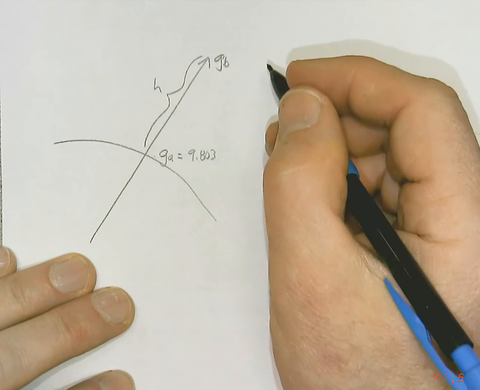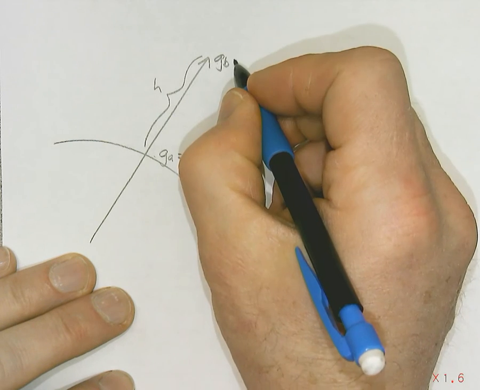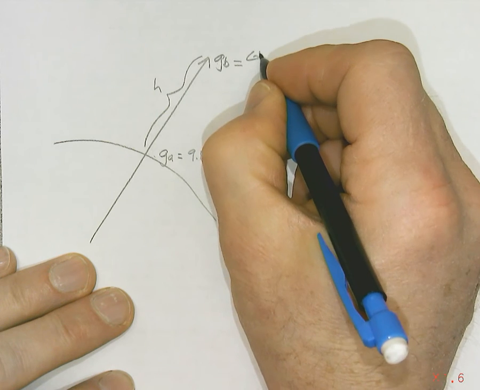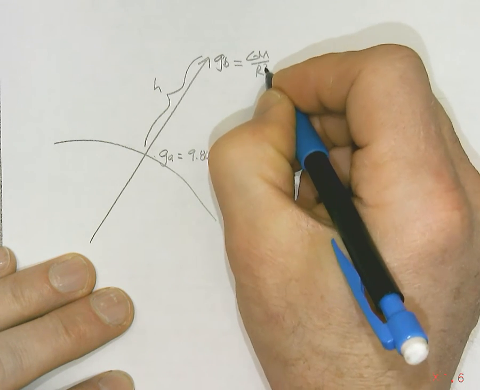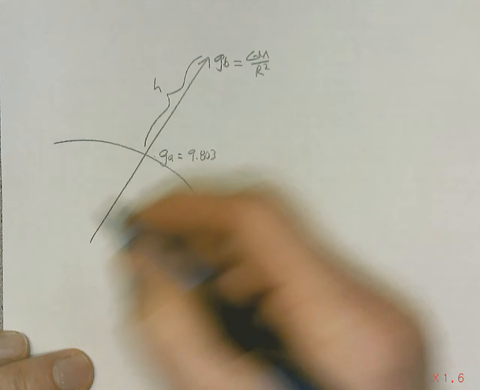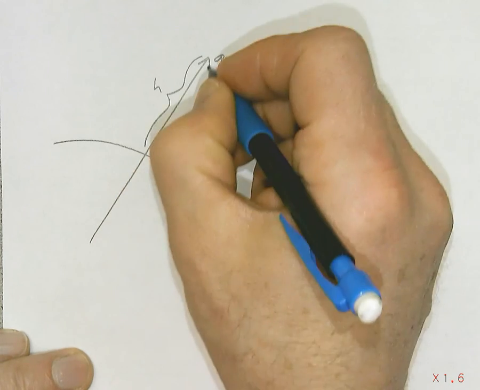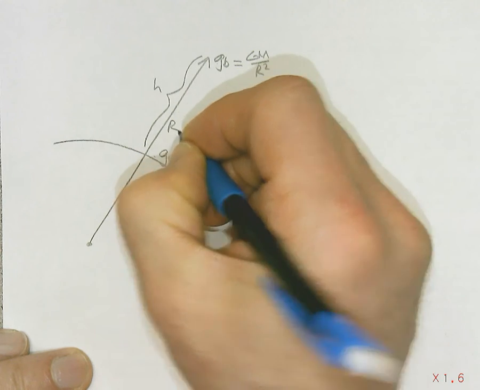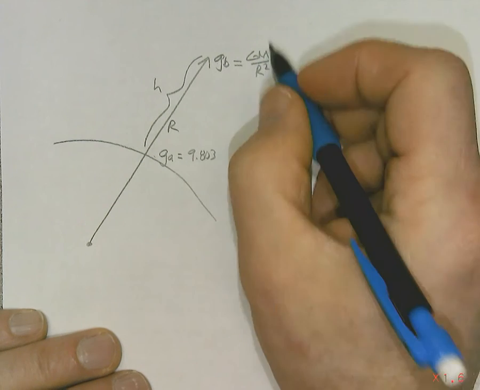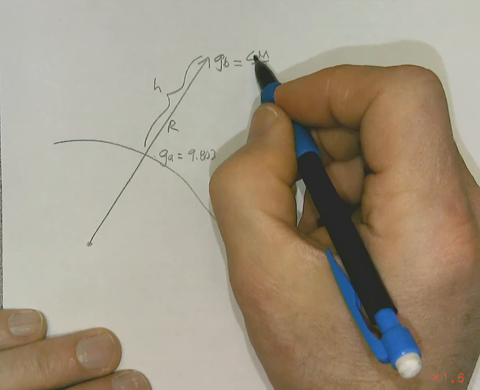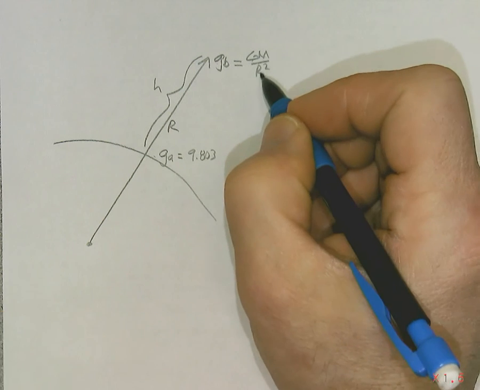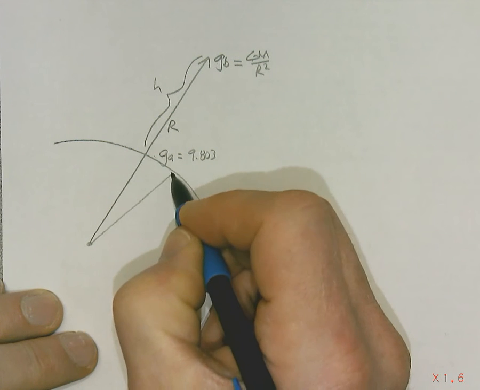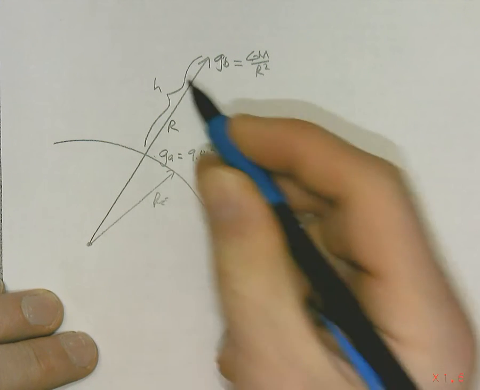And depending on what the value is, you could just make that equal to GM over R squared. Then you can solve for R. This whole thing along here, this entire distance from the Earth's center, we'll call R. And you can brute force it with big G, big M, solve for that, subtract off the radius of the Earth, and that would be h.